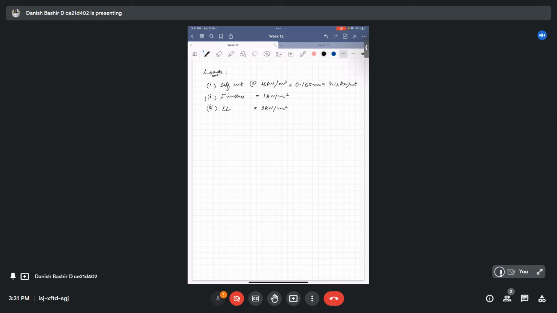Okay, summing up everything and using a load factor of 1.5, you get an ultimate load Wu equal to 1.5 times 8.13. When you calculate this, you get an ultimate factored load of 12.20 kilonewton per meter square. Okay, with this ultimate load you have to carry on the further analysis.